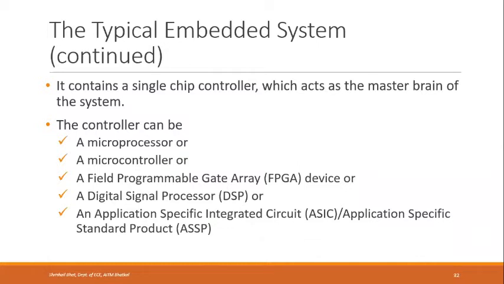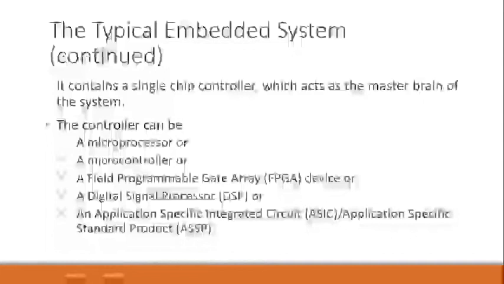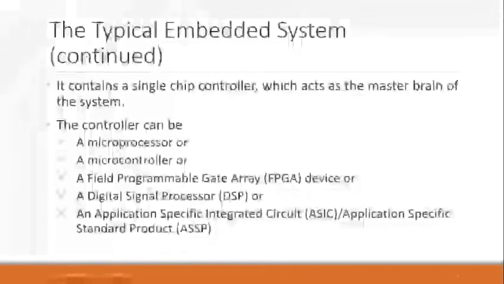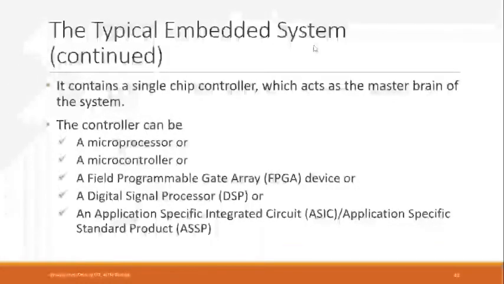Then there are things called FPGA, field programmable gate array, which you might have studied in your HDL lab. Then digital signal processor, which you have also studied. Then ASIC and ASSP, where there will be a specific IC for one particular application, you can program it and use it for that application.